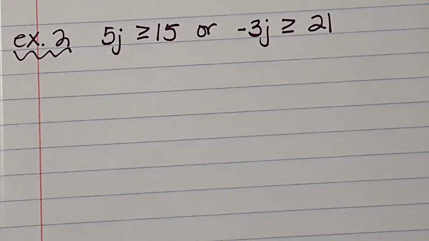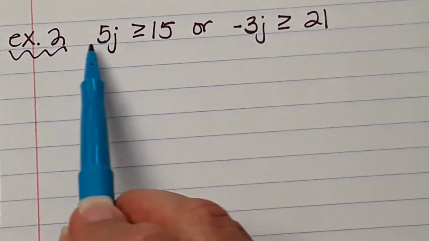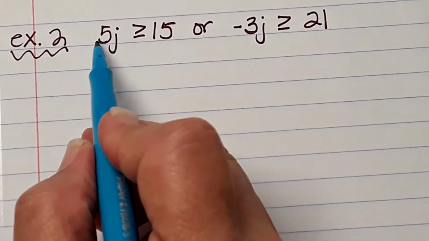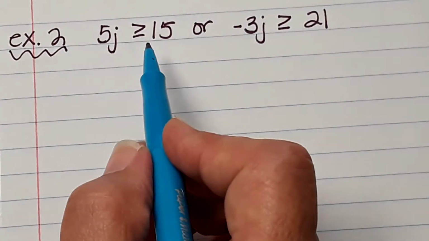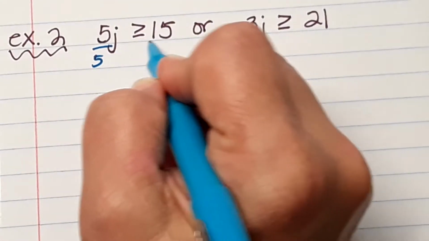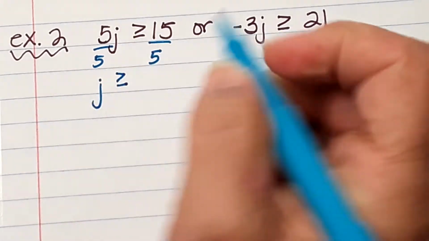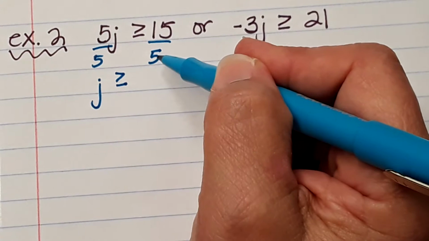To solve this, we're basically going to solve the two inequalities. So I'm going to solve this one, and to solve this one, what would I do? Divide by 5. And 15 divided by 5 is 3.